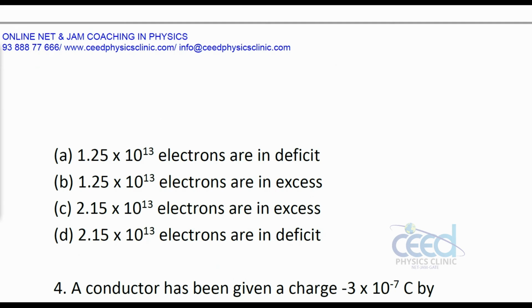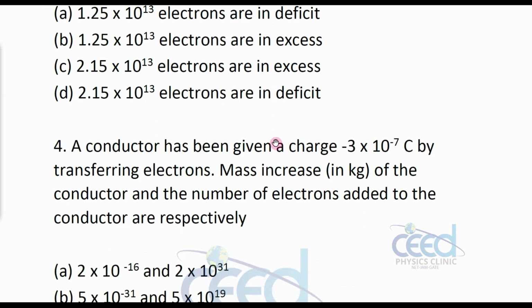Now we have another question here. A conductor has been given a charge minus 3 into 10 raised to minus 7 coulomb by transferring electrons. The mass increase in kilograms of the conductor and the number of electrons added to the conductor are respectively.